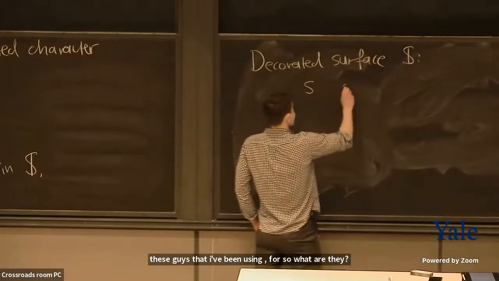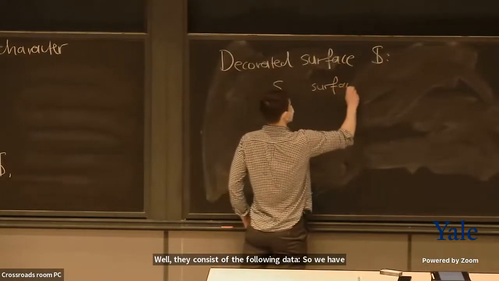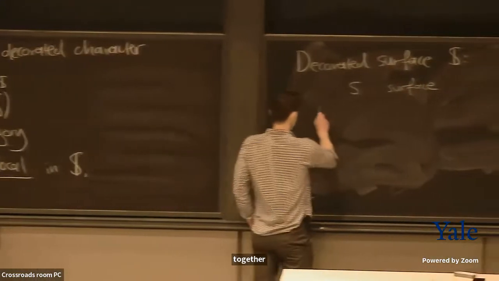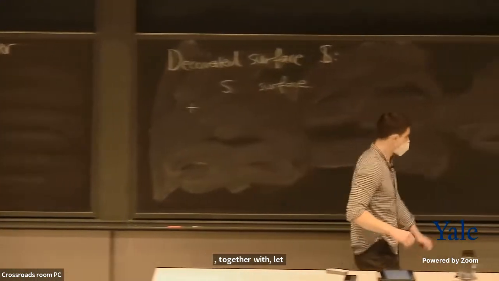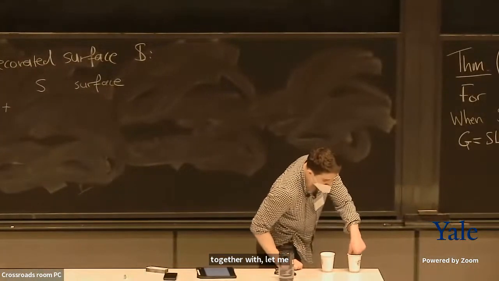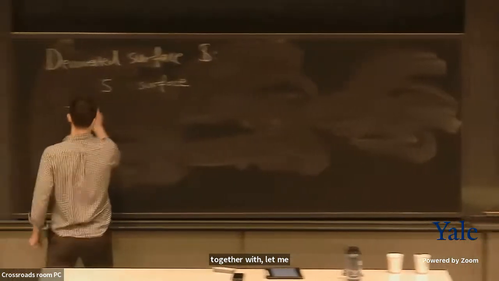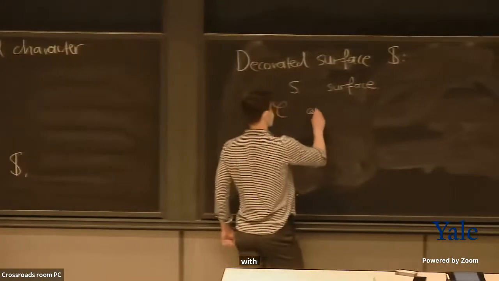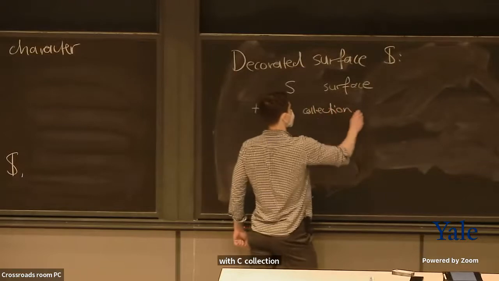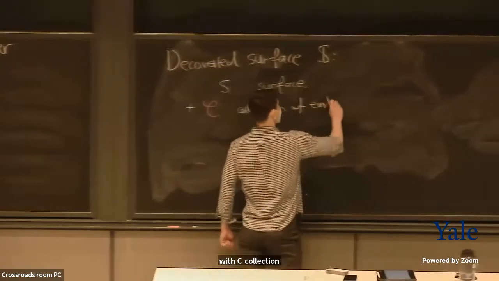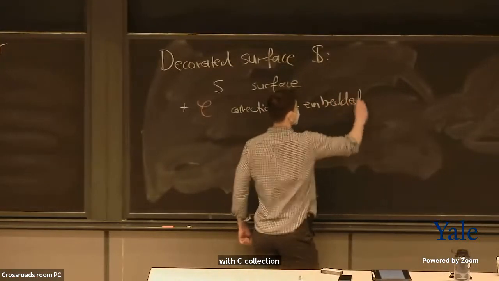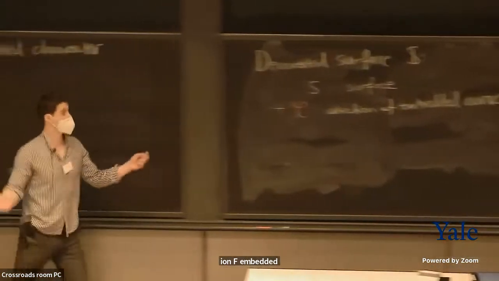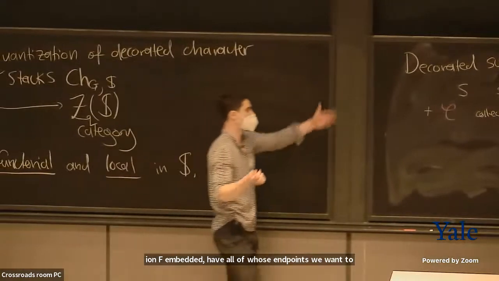So we have an underlying surface S together with, let me now maybe use some colors, C, a collection of embedded curves, all of whose endpoints we want to lie on the boundary of the surface.